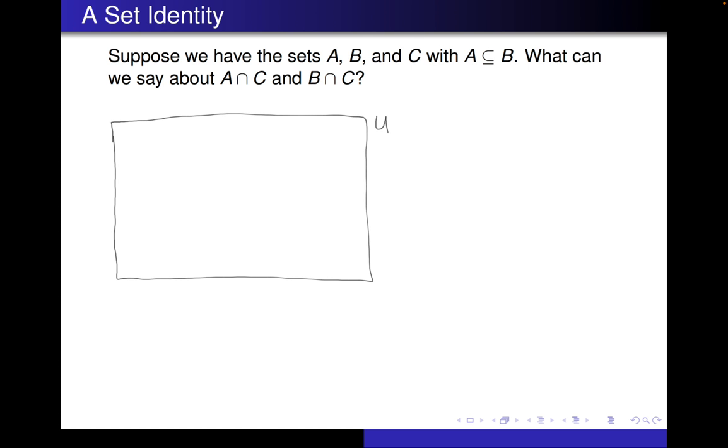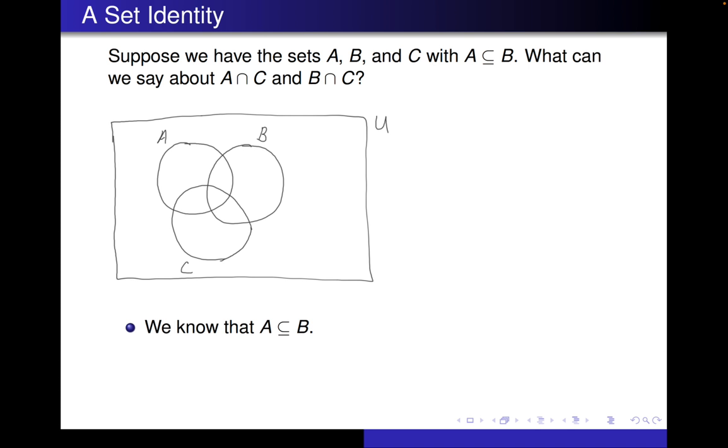All right, well, let's take a look at a Venn diagram just to see if that can give us any insight about what the answer is. Let's not worry about the proof right now. We don't even know what we're proving. All right, so we know that A is a subset of B, which means if I'm looking at that Venn diagram, not every region in that Venn diagram can have actual elements in it.